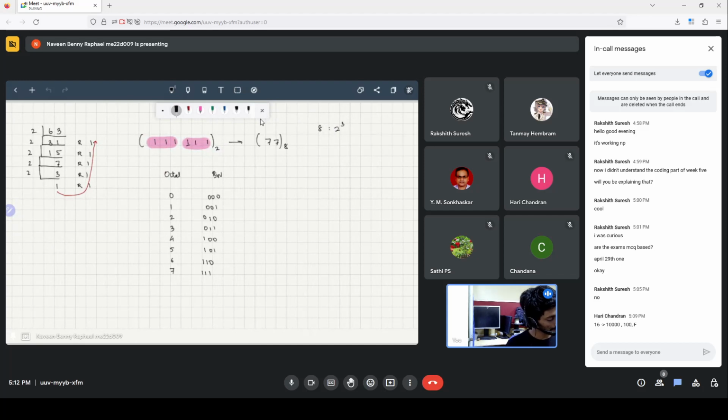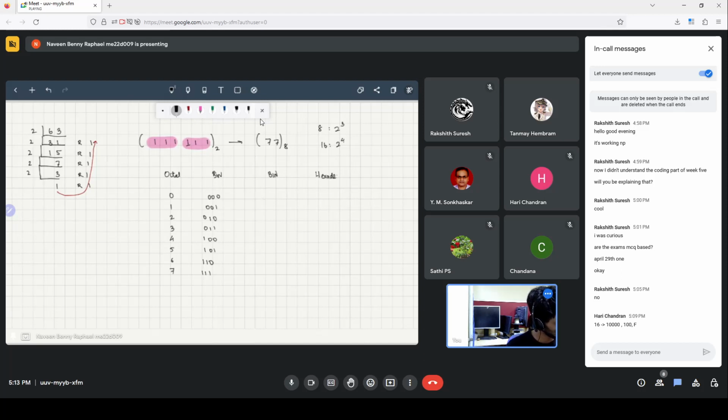The same logic can be applied to binary to hexadecimal. But because hexadecimal is 2 to the power 4, we'll take groups of 4 instead. Okay, I'll write it down.